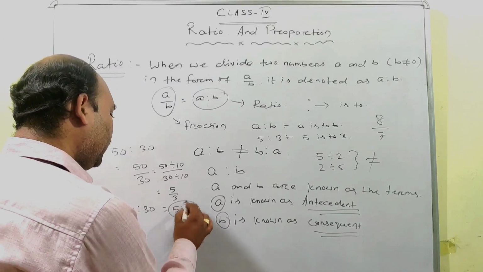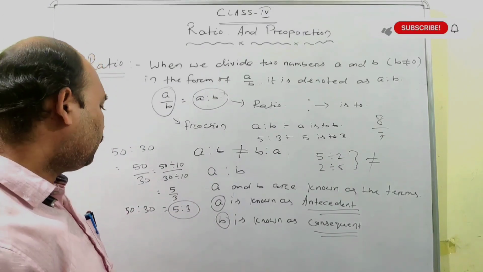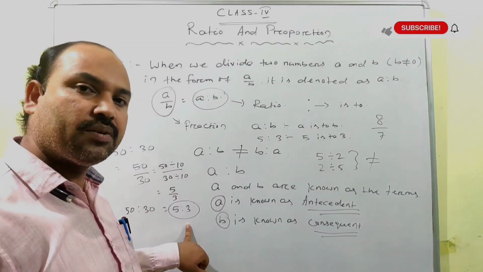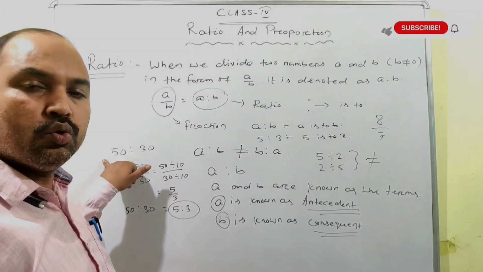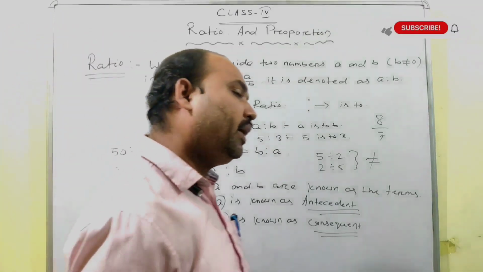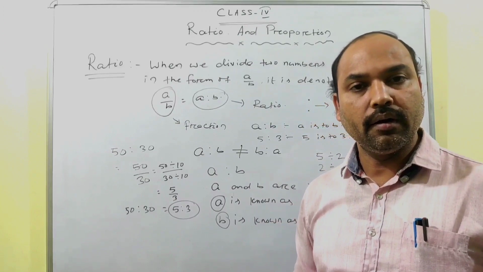This 5 is to 3 is our simplest form. The 5 is to 3 is known as the simplest form of the ratio 50 is to 30. Clear? So, in this way, we will find out the simplest form of a ratio.